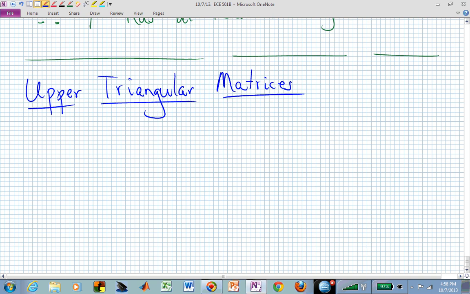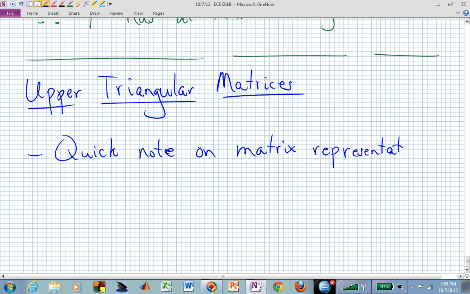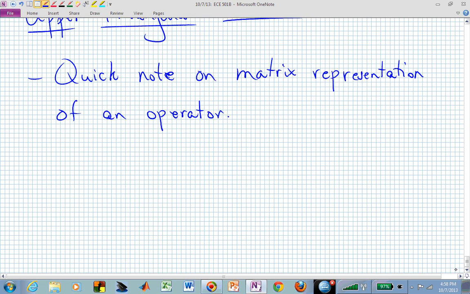So upper triangular matrices, if we just jot down some quick notes on our matrix representations, if we're dealing with an operator, what kind of a matrix do you immediately see in terms of a geometric shape?